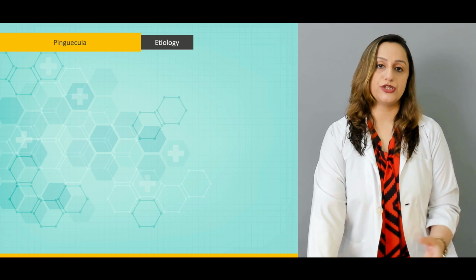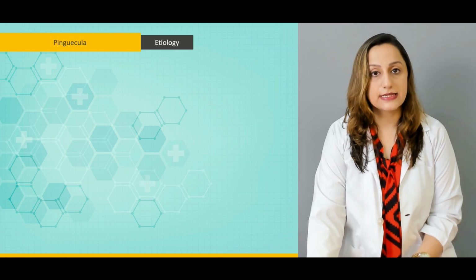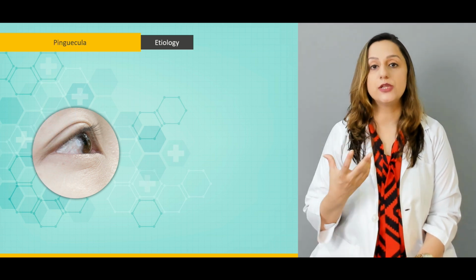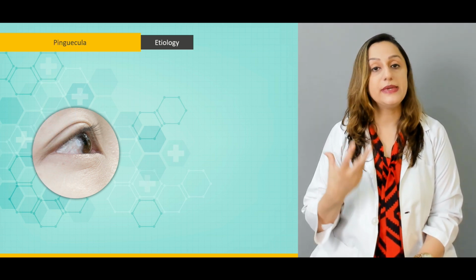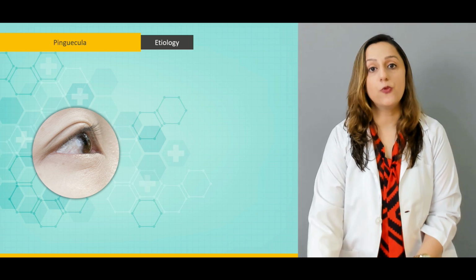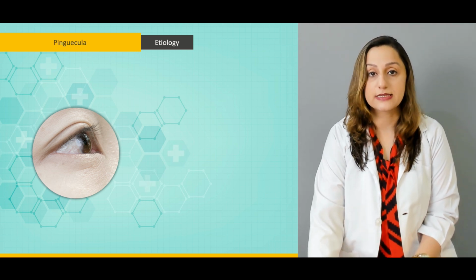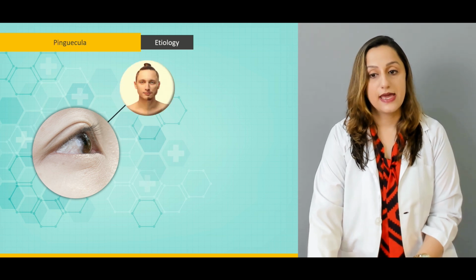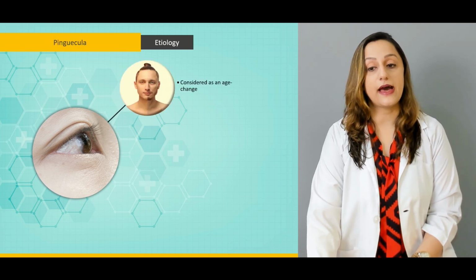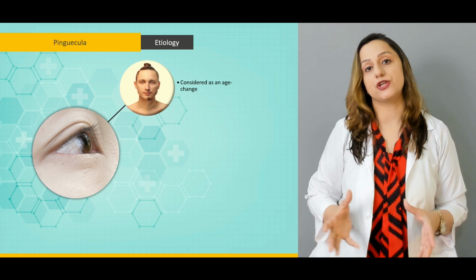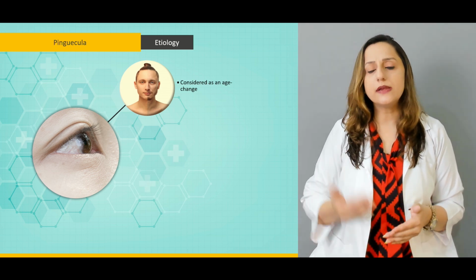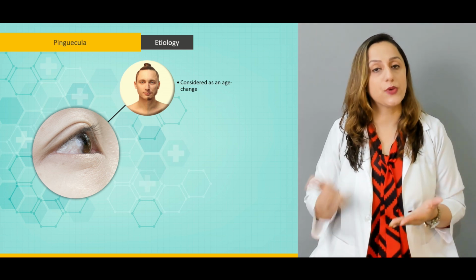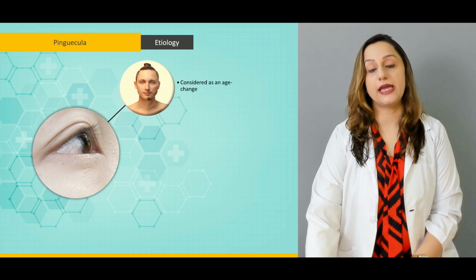So the etiology of particular cases of pinguecula, in which we have these whitish, yellowish masses that are being formed on the conjunctiva. What are the predisposing factors for the development of these whitish, yellowish masses? Basically they are considered to be age-related. They're one of the changes of wear and tear related to the age of the individual.